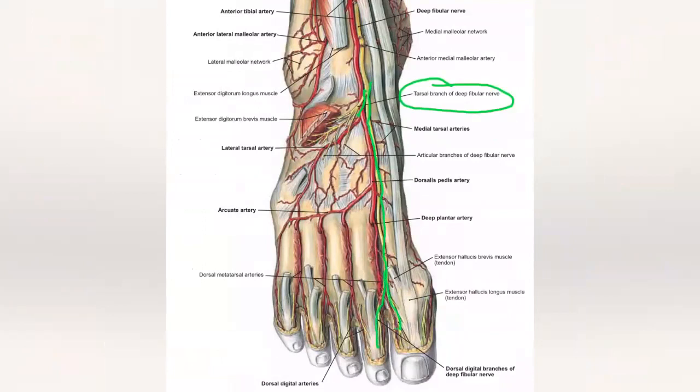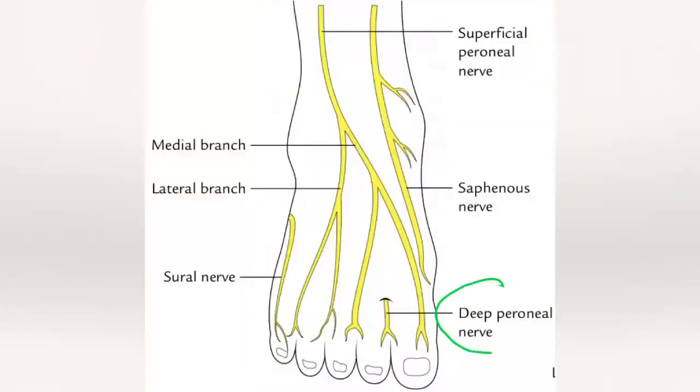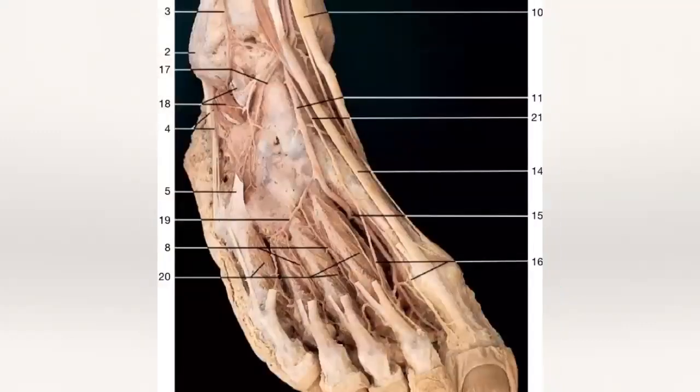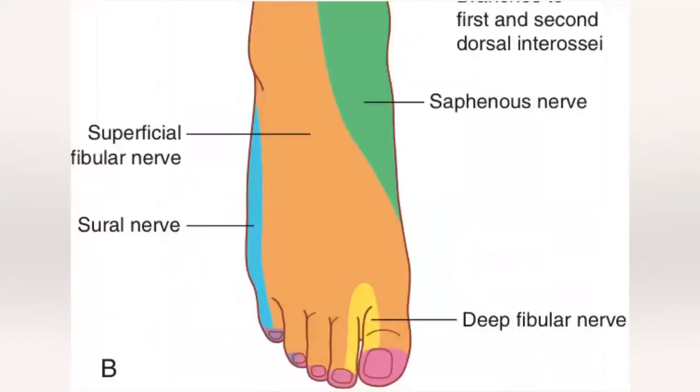So this is the first web space, and this is the medial one. So remember all these things.